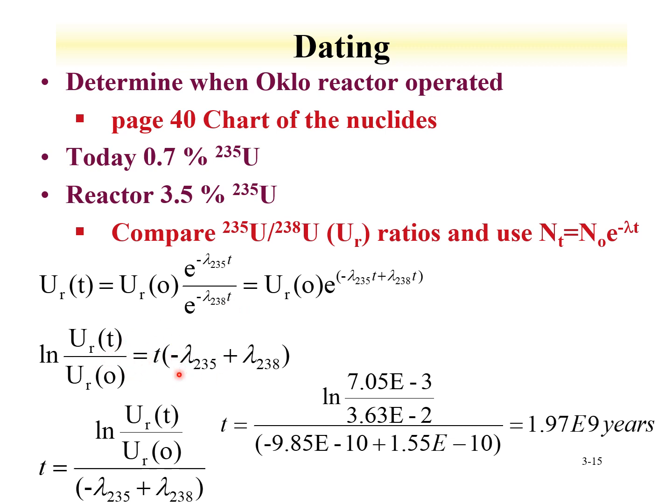So again, we input the ratio from today, input the ratio that we know is a condition for the reactor to operate, throw in the constants, calculate, and we get a reasonable value. And all this was done just based upon understanding that a reactor needs about 3.5% of uranium-235 with natural light water in order for fission to occur.